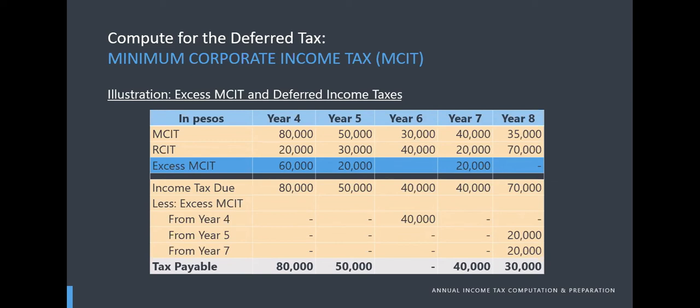So tax payable in year 4 is equivalent to 80. In year 5, the MCIT is still greater than the RCIT, so there's still an excess MCIT of 20,000. Since higher pa rin ang MCIT natin, then the income tax due as well as the income tax payable is equivalent to the amount of MCIT.